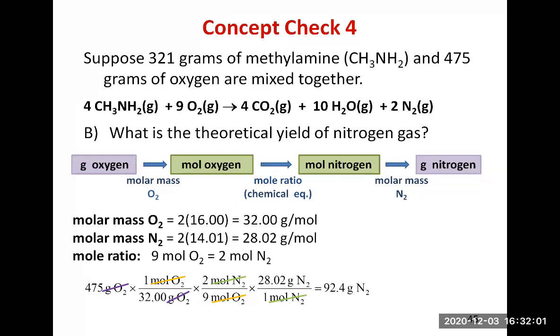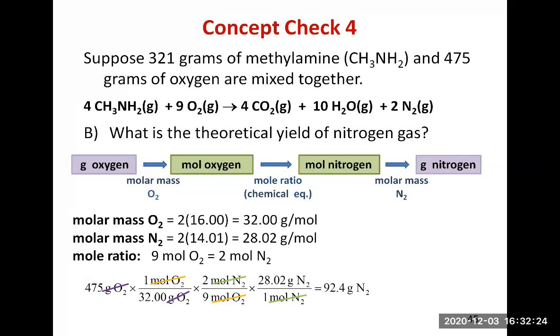The calculator answer is 92.427, etc. The given amount has 3 sig figs. The 2 molar masses have 4 sig figs, and all the number of moles are exact. So the least number of sig figs is 3 from the given amount. So we keep the 92.4.